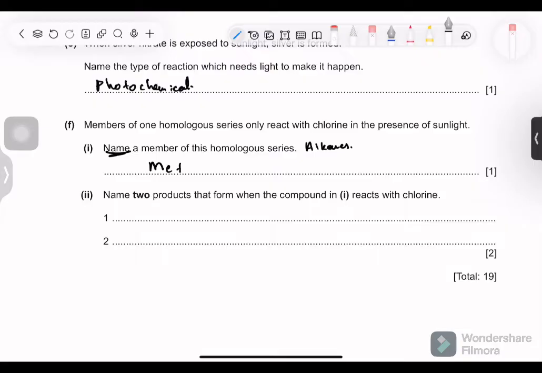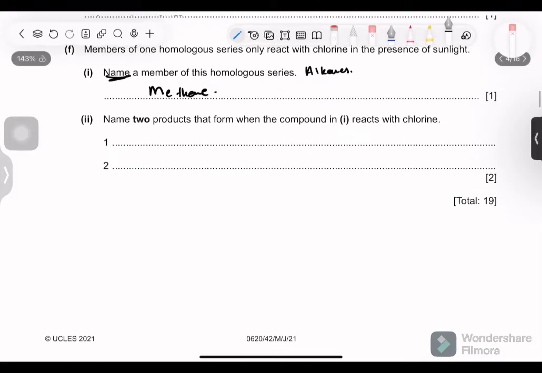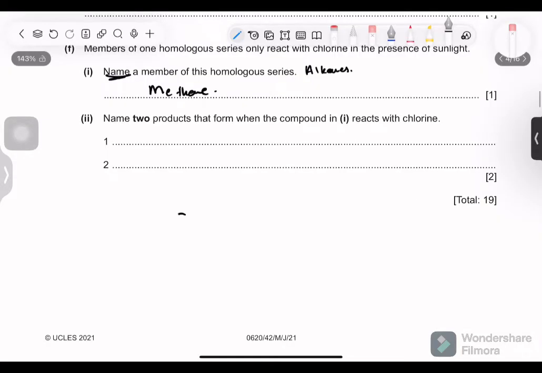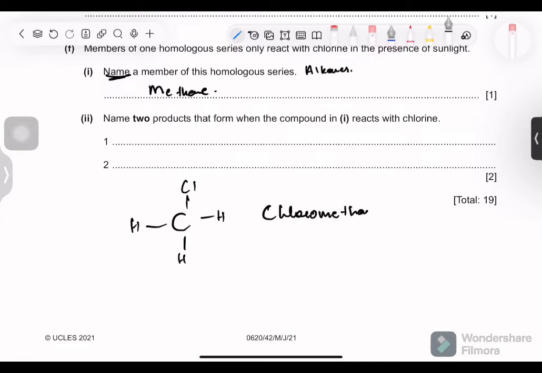Methane, probably. Yeah. Name two products when the compound in one reacts with chlorine. So what is formed if methane reacts with chlorine? We get a chlorine over here. So this is chloromethane. No need to number it, there's only one carbon.